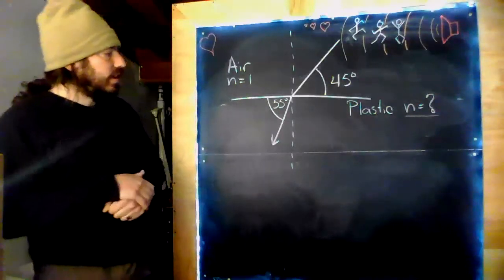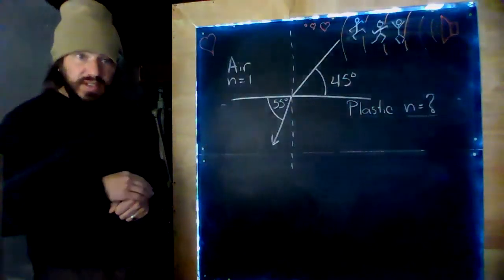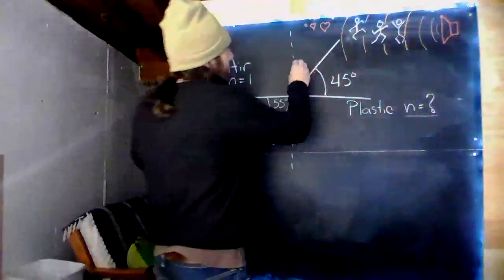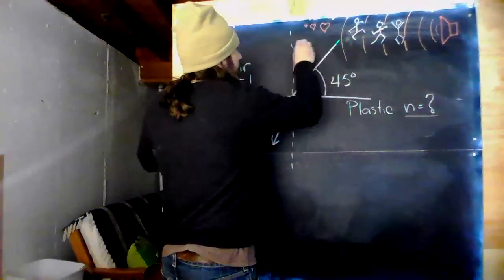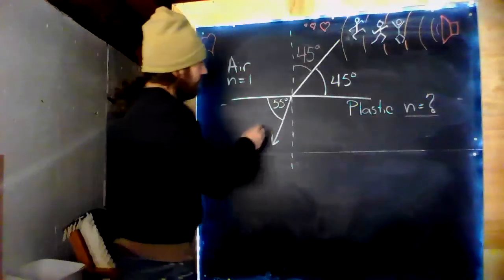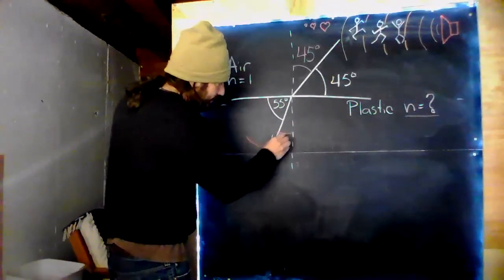And we see here that we have been given the wrong angles for Snell's law. So we need to be a little bit careful. Let's go ahead and write the correct angles in here. That is 45 degrees. And this right here is 35 degrees.